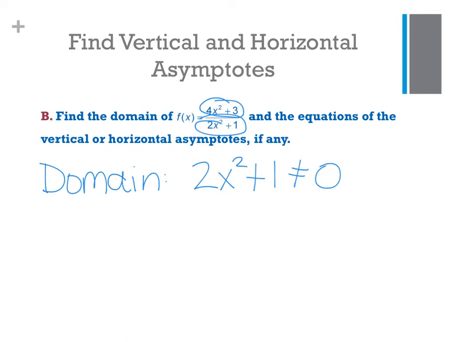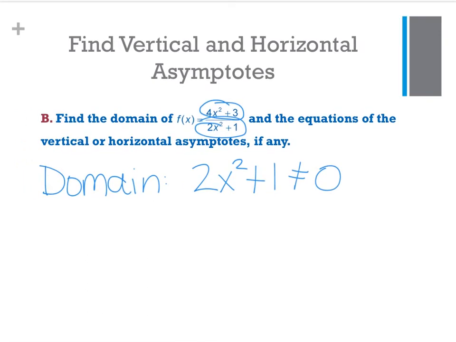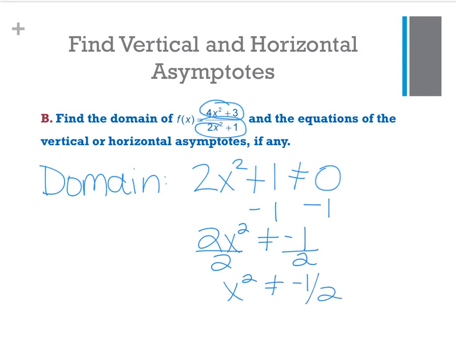When I solve this equation for x to find the restrictions on our domain, I start by subtracting 1 on both sides. So 2x squared cannot equal negative 1. If I divide by 2, I get x squared cannot equal negative 1/2.